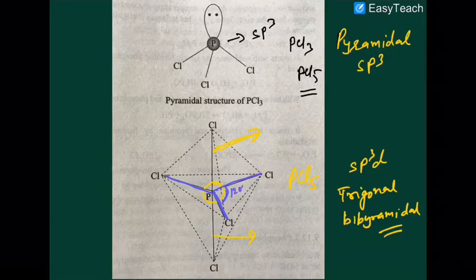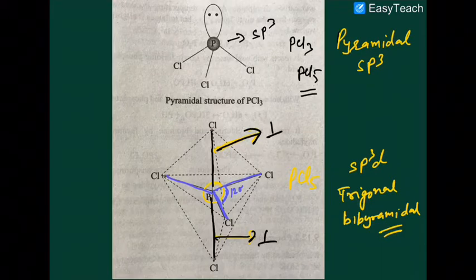But this chlorine bond and this chlorine bond are perpendicular to the plane, that is normal to it, you can say. Are you getting that?